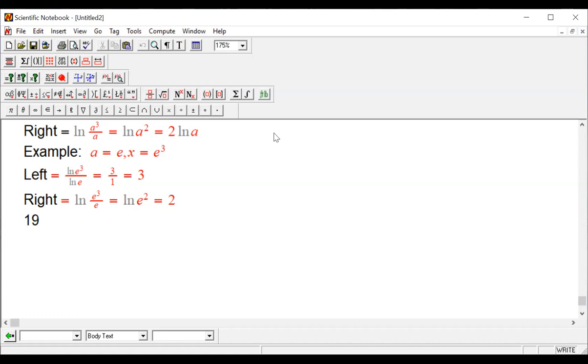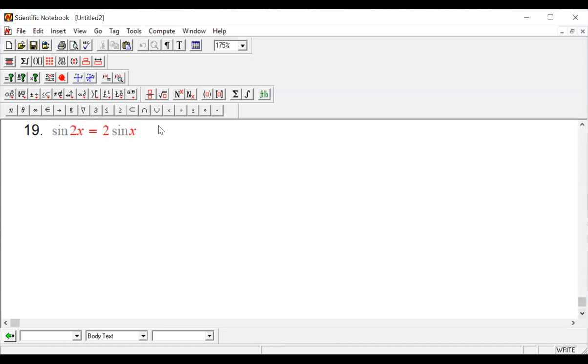Okay, so now let's look at number 19. Number 19: 3 times sine 2x equals 2 times sine x. I mentioned this mistake during the lectures. This is a terrible mistake, but it's very common, so don't make this mistake.